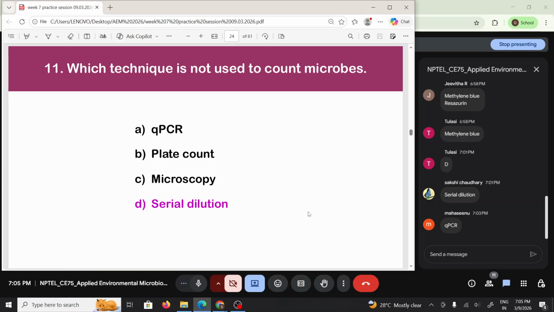Sorry, there was an audio crash. Okay, so in serial dilution we take up the sample and we have some saline buffer or autoclaved water, whatever is prepared.